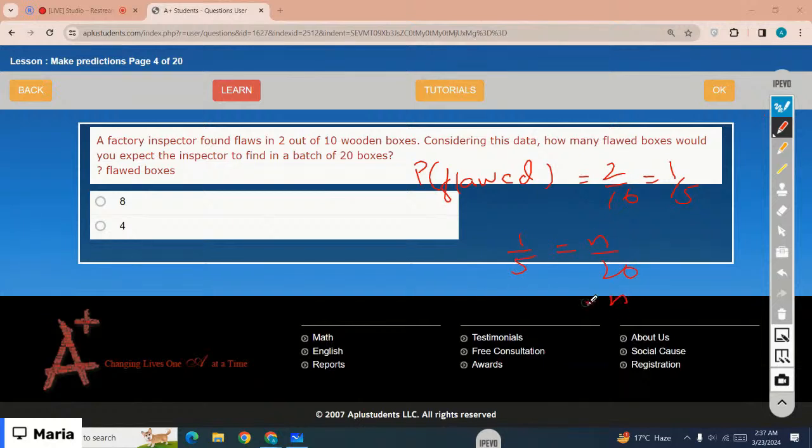So n equals 20 over 5, that is 4. So n equals 4. The correct option is 4, right?